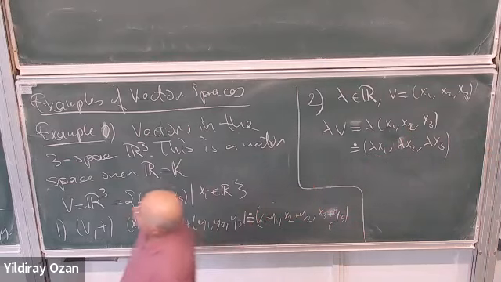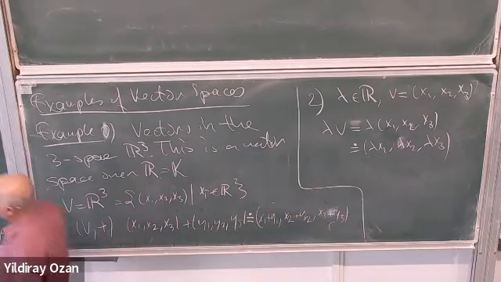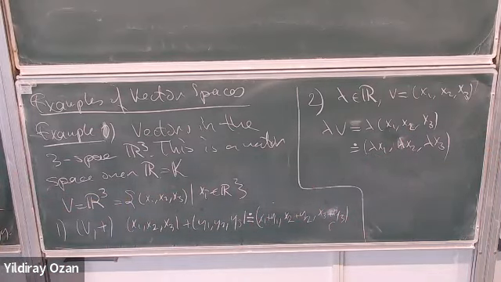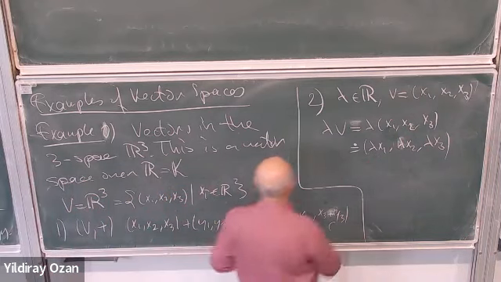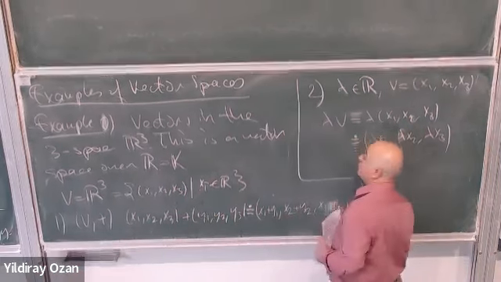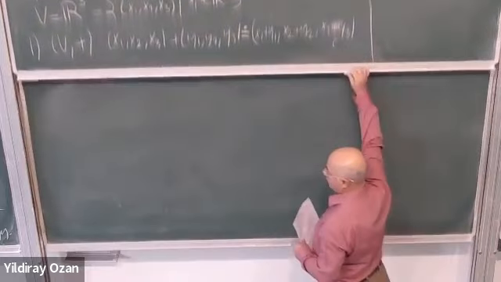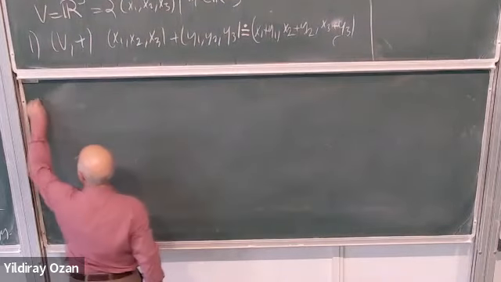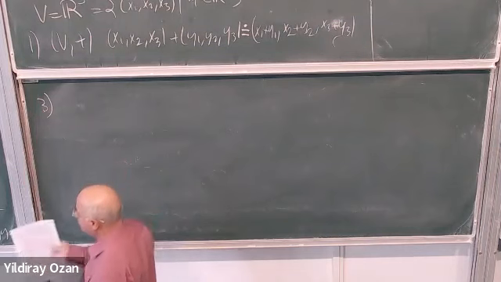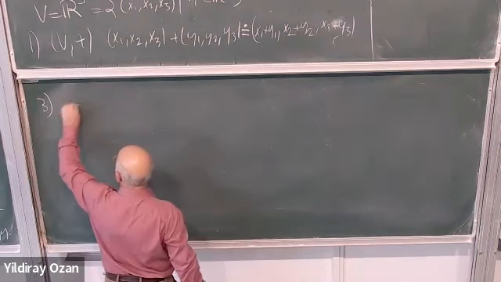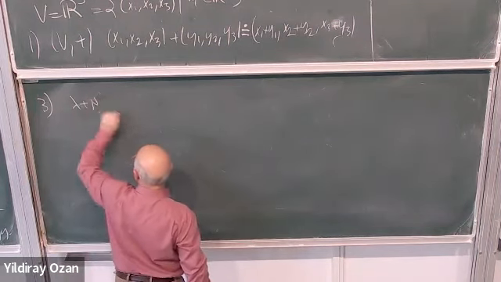Then we should do what? We should check that these operations are compatible. Let's do that. So, what is the first thing we need to check?